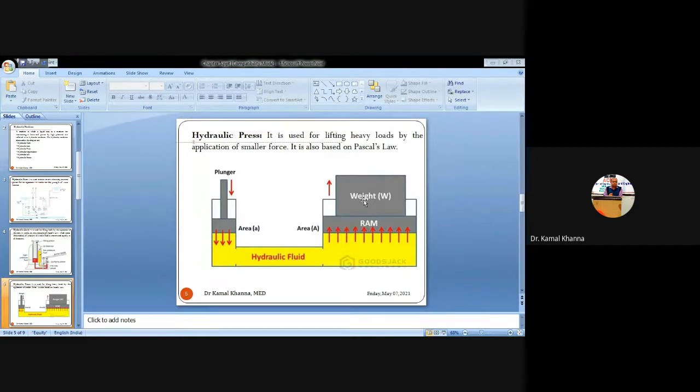And you can see the pressure is acting in the upward direction. You are applying the pressure in the downward direction in the piston cylinder arrangement, but on the ram, the pressure is pushing the ram in the upward direction. So the heavy load placed on the ram is lifted up with the help of this smaller effort. Is it clear to you?